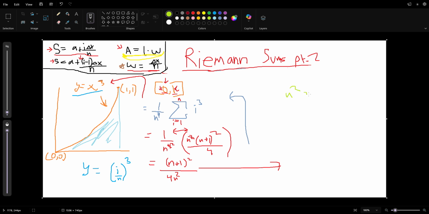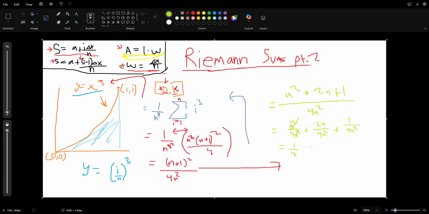We'll be simplifying that to n squared plus 2n plus 1 over 4n squared. Now we want to separate all of these terms so that it's easier to simplify. So we'll be doing n squared over 4n squared plus 2n over 4n squared plus 1 over 4n squared.